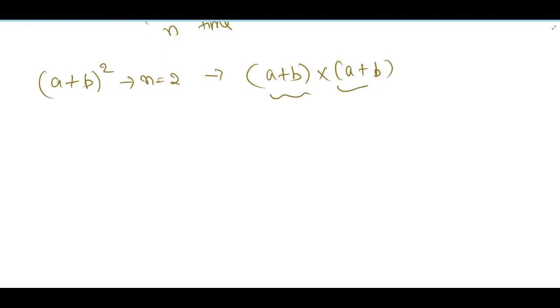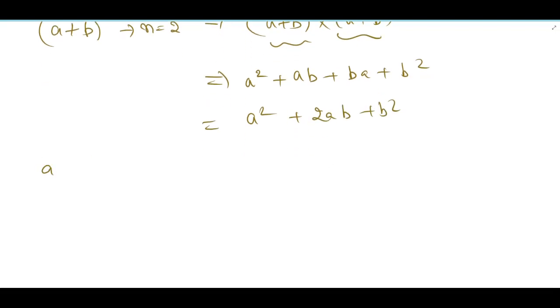So for a plus b whole square, where n is equal to 2, we write it as a plus b cross a plus b. So it is multiplied two times. We do the normal multiplication of each term: a square plus ab plus ba plus b square. So a plus b whole square gives a square plus 2ab plus b square.